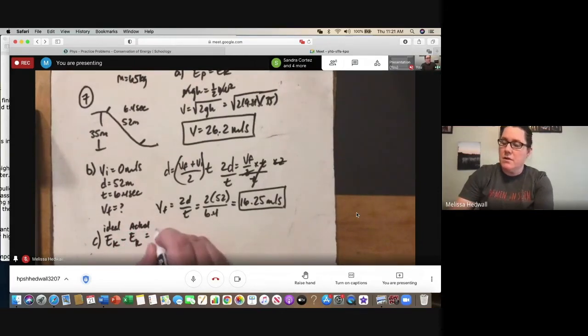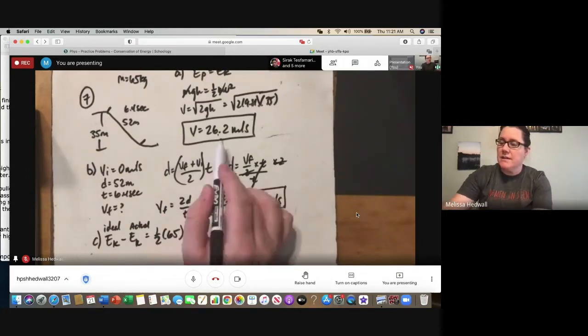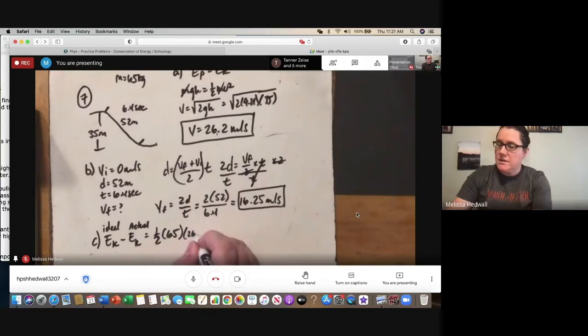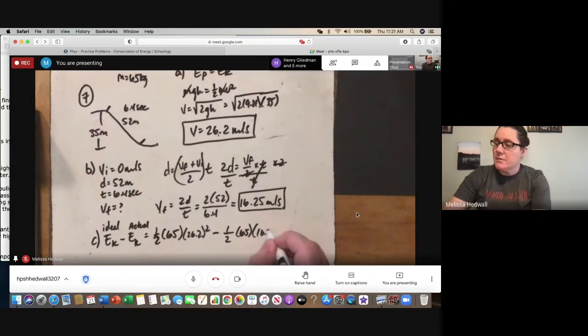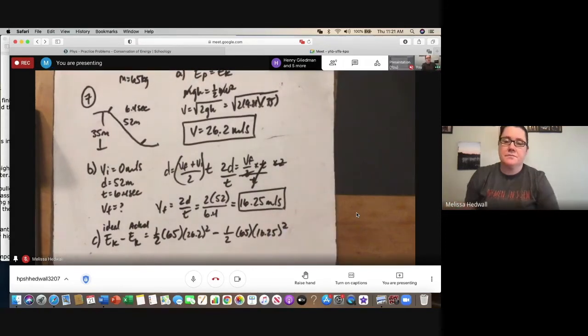And so we'll take 1/2 times the mass, 65 kilograms, times our ideal velocity, 26.2, and we'll square that. We'll take that number minus the actual, so 1/2 times 65 times 16.25, and we'll square that.